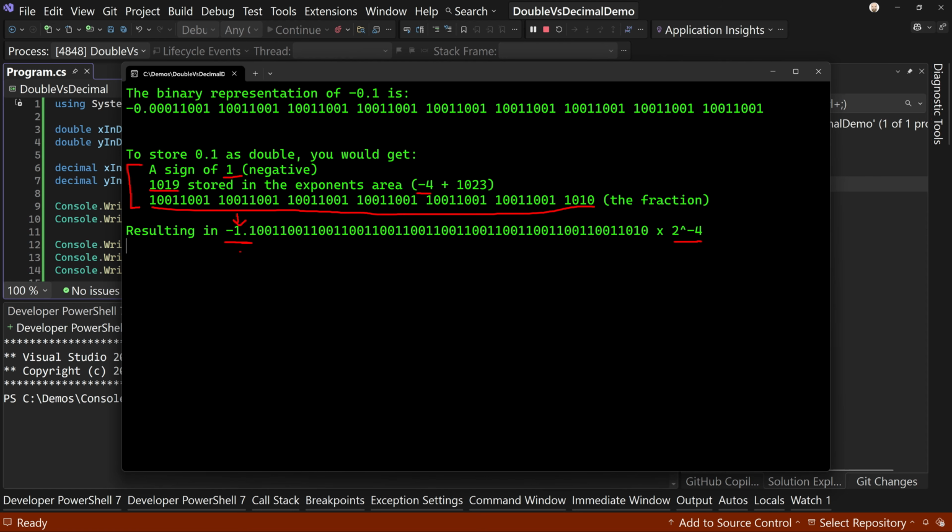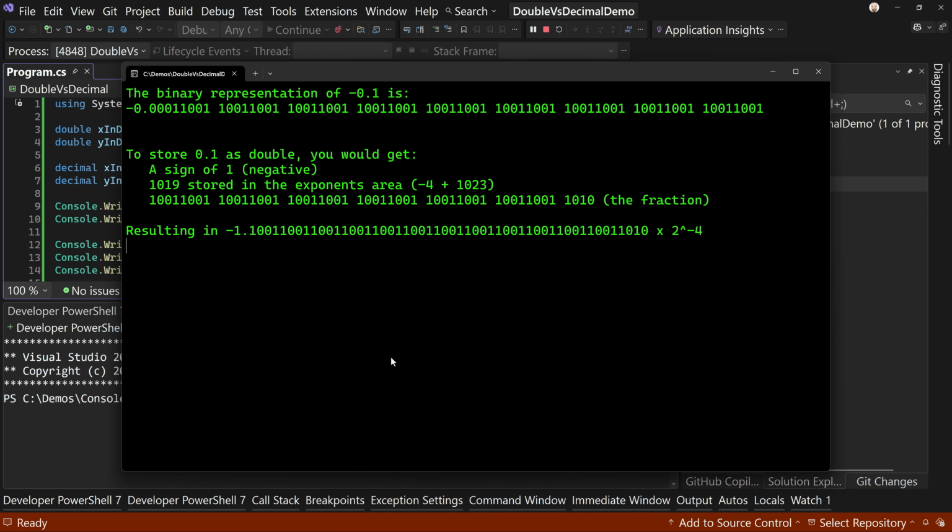This is actually a bonus value we get because we got to assume that since we moved this decimal point over until it's right here, after the first 1, we can assume this 1 exists. So therefore, we can add this as actually the 53rd bit. Okay, so it's kind of a bonus value there, just a little bit of extra. Okay, so that's how you represent -0.1 in binary for double.